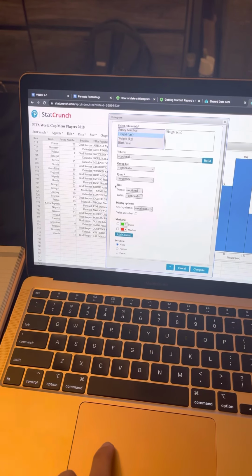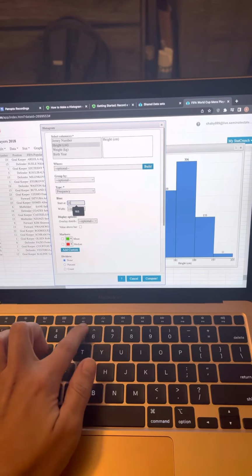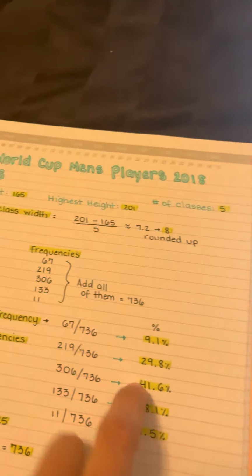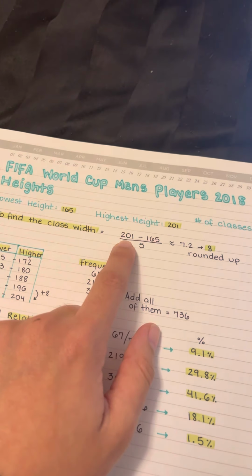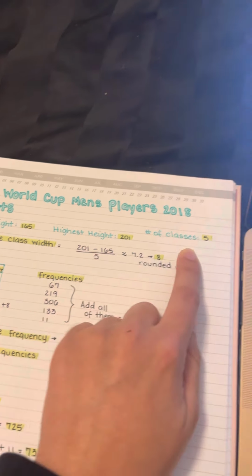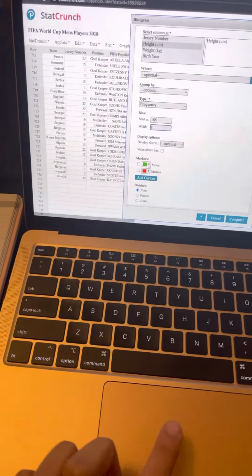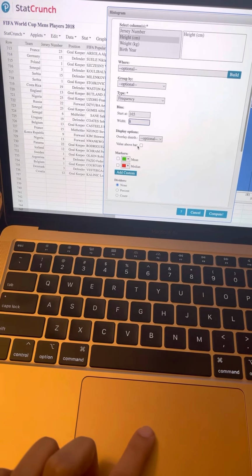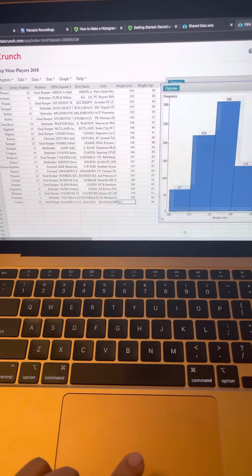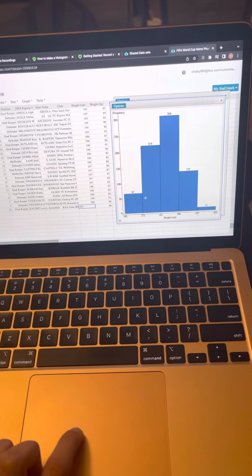Then I clicked here on bins and I put start at my starting number, which was 165, and the width, which I found by subtracting 201 minus 165 and dividing it by the number of classes. I got 8, so I put that number here. I made sure to click on value above bar and then I computed it, and this is the histogram that I got.